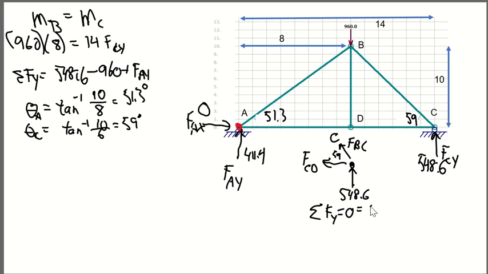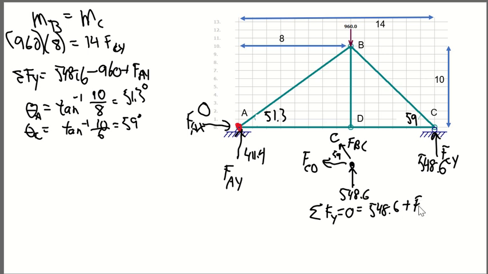I have 548.6 going upward, so that's positive. And then I need the Y component of this. I only want the Y part, so think of this as being like the right triangle we were talking about. You want the vertical part of this force. And so we're going to use our formula from that.